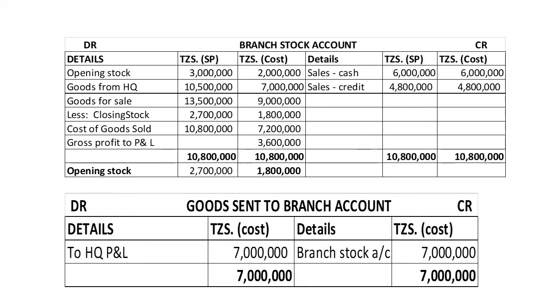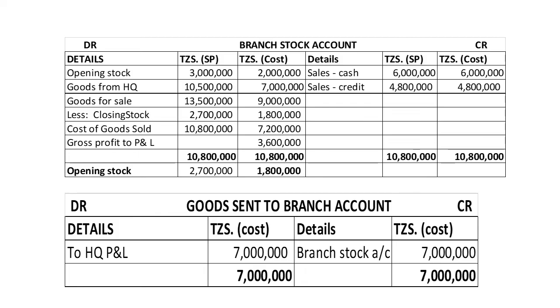So goods available for sale, opening stock plus goods from head office or headquarter, at the selling price is 13,500,000, and at cost is 9 million.